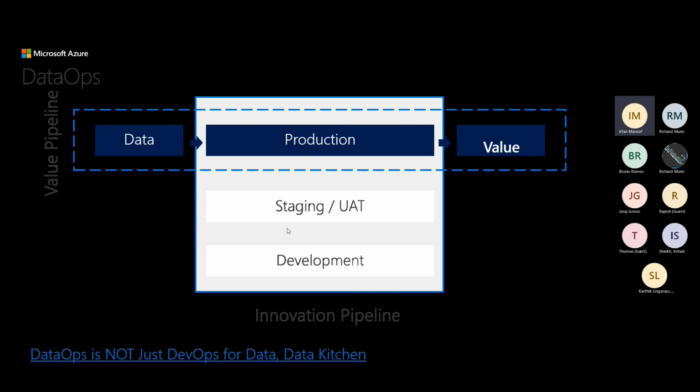When you are testing the innovation pipeline, you keep the static data but change the code, and this is a separate thing. You are doing one sort of orchestration here. But when you go to the value pipeline, you keep the same analytical application or analytical pipeline, but new data is coming, in a different form. That's slightly different, so even for testing and orchestration there is a slight duality, and you need to take care of that when you are working with DataOps.